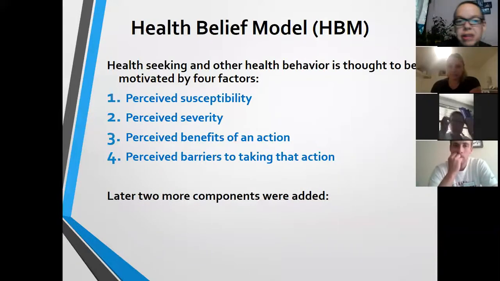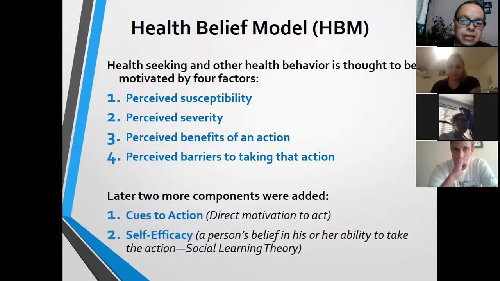We have already read about them: perceived susceptibility, severity, benefits of an action, and barriers to taking that action. Then they added 2 more components, which are cues to action and self-efficacy. Am I pronouncing it well, self-efficacy? Self-efficacy. And we go back to self-efficacy, which we read in the beginning of the course, right? Yep.